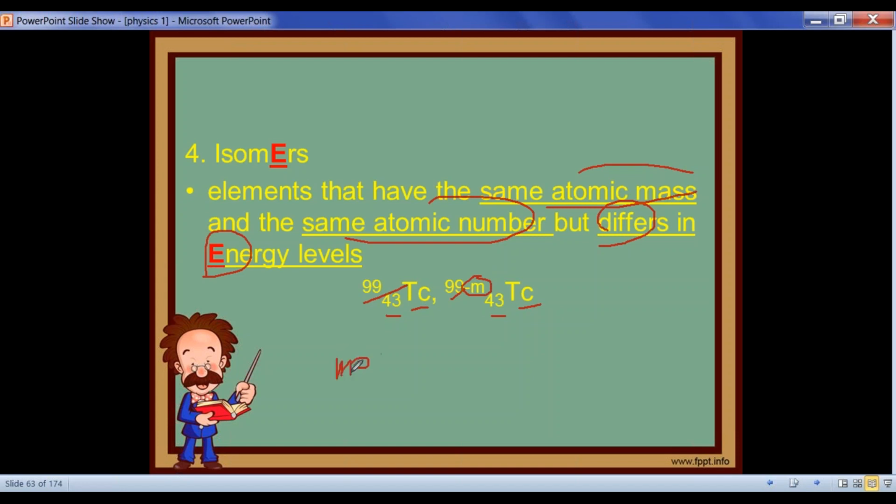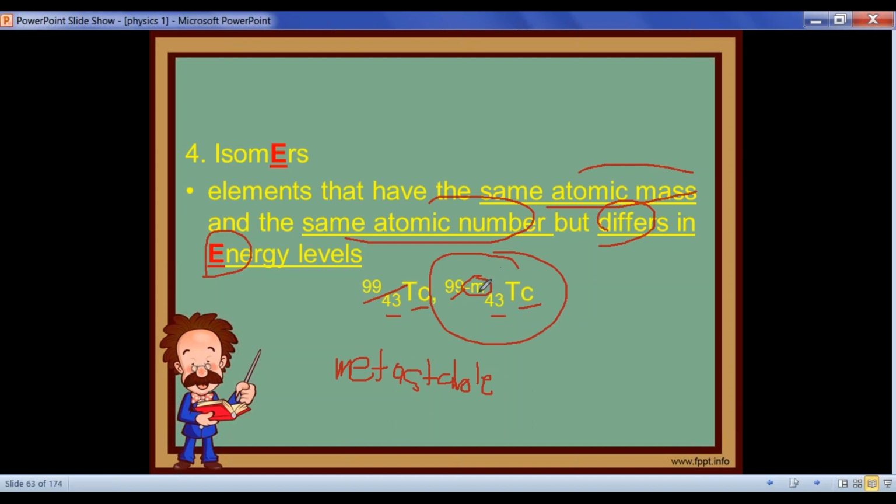So the m there represents an extra energy, which is translated as metastable or medyo stable. So metastable, meaning this element here has an extra energy.